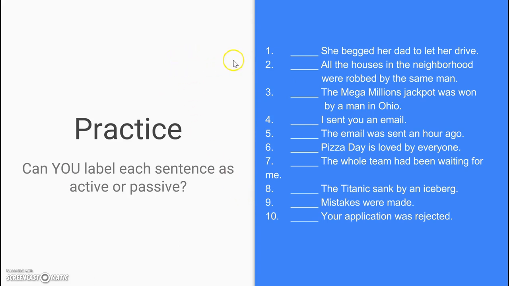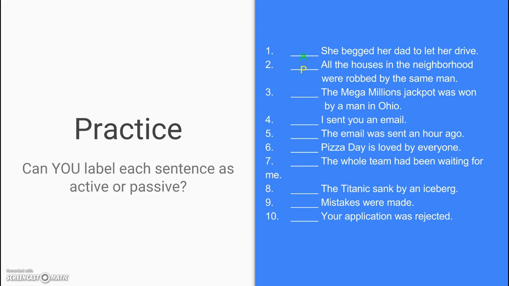Number 1, "She begged her dad to let her drive." She is the subject doing the action of begging, so this is active. Number 2, "All the houses in the neighborhood were robbed by the same man." The houses were robbed by a person. This could be rearranged, so we're going to call it passive.